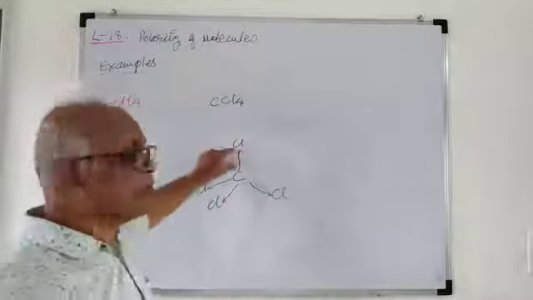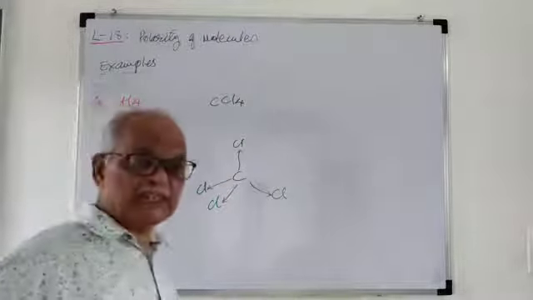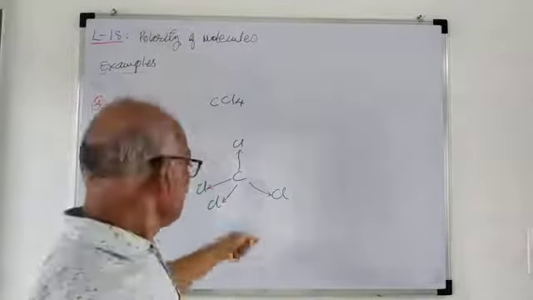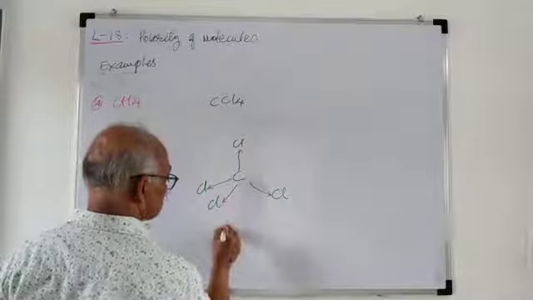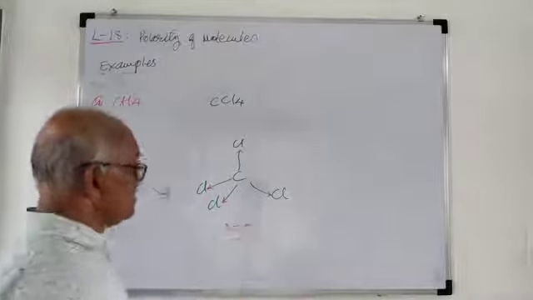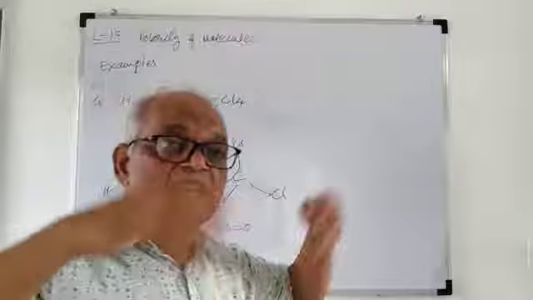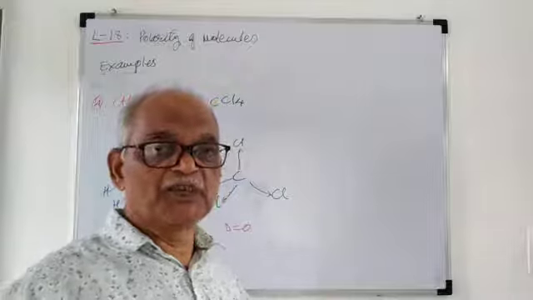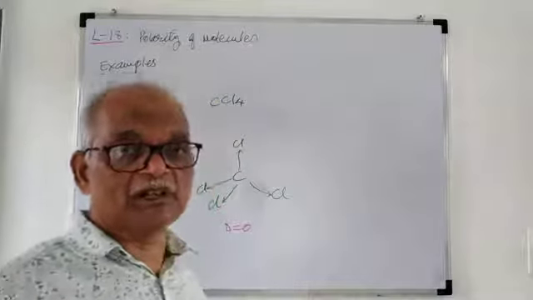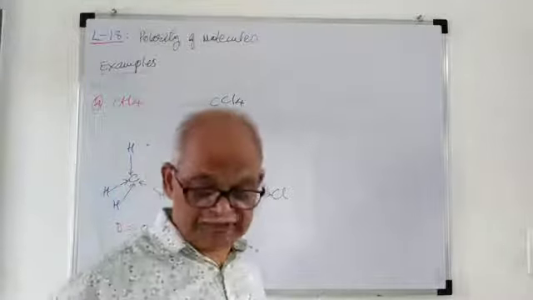So the bond dipoles are pointing towards the chlorines. So the electron densities are moving that way. So the dipole moment of this is also 0, because bond dipoles are pointing opposite to each other, meaning there is no particular direction in which the dipole moment is concentrated.